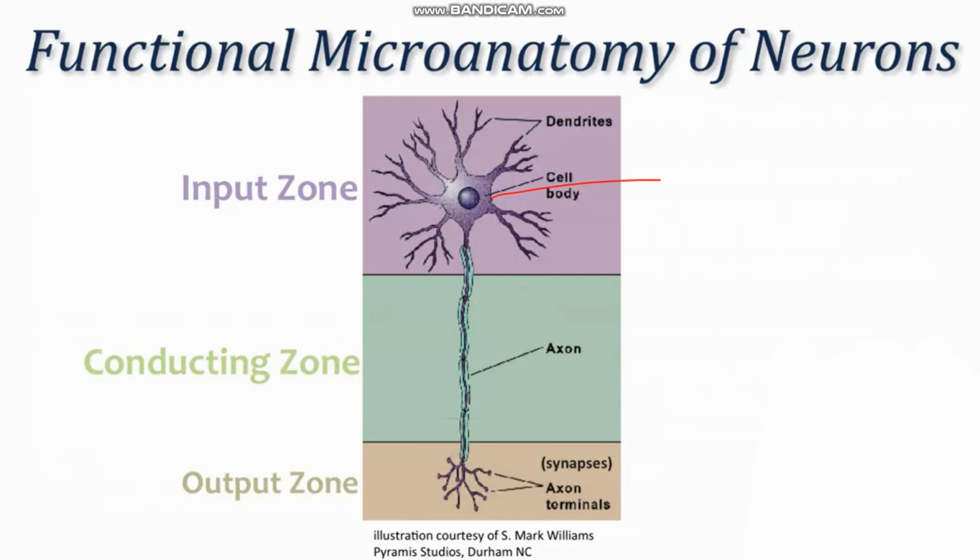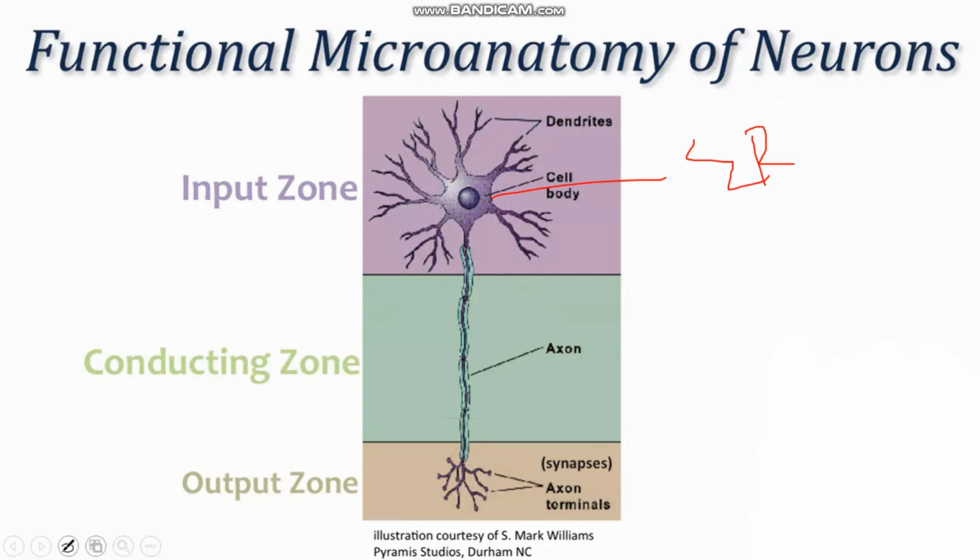For example, the neuron is rich in endoplasmic reticulum, both smooth and rough, because it needs to synthesize protein and lipid to maintain the synthetic function and the morphology of the neuron. It also has mitochondria to synthesize ATP. So it has all the structures that a typical cell has.